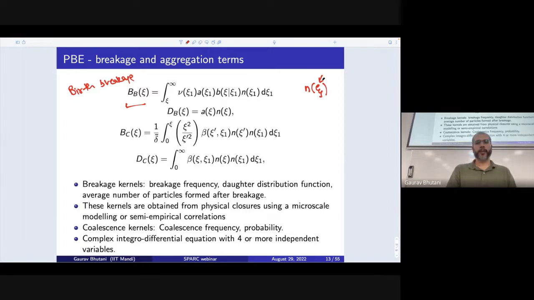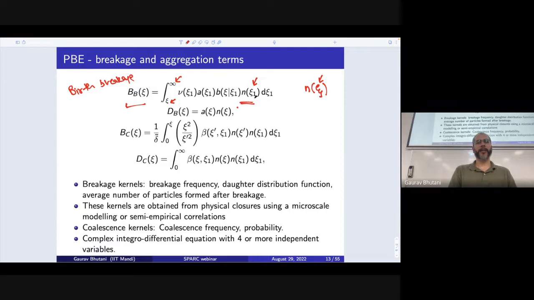So we consider the particle distribution of sizes xi1, where xi1 ranges from xi to infinity. It's only the bigger particles that can break to form smaller particles of size xi. So we're talking about the contribution of breakage to formation of particles of size xi.